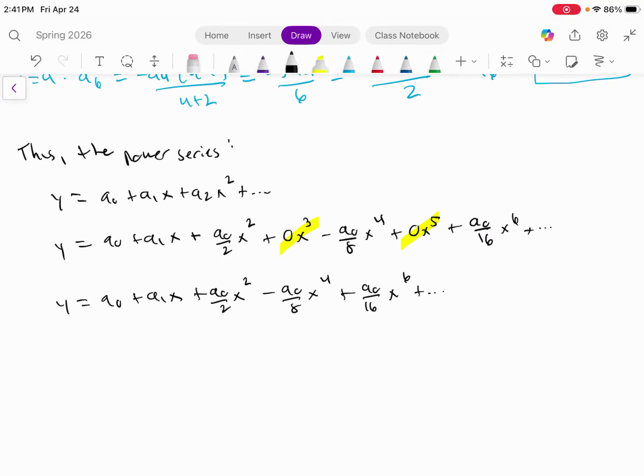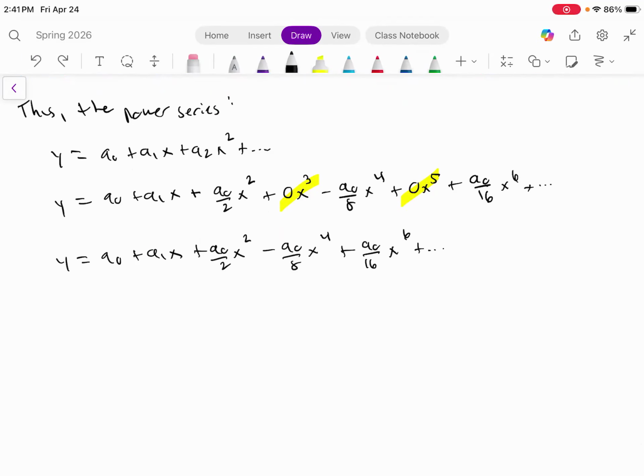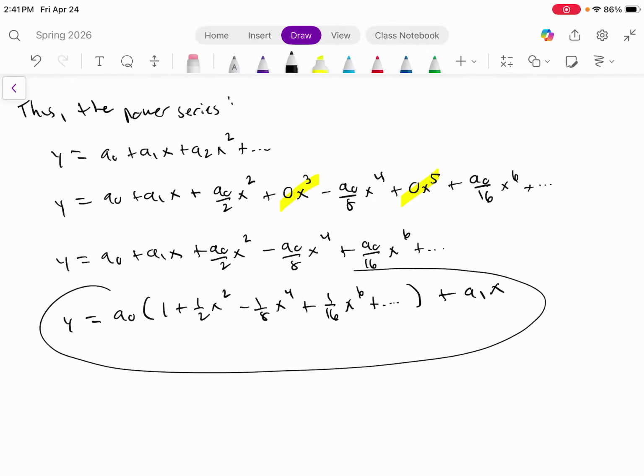Well, all of these are a naughts and I only have one a1. So if I group together the a naughts and I just have the a1, what this would look like is a naught times 1 plus 1/2 x squared minus 1/8 x to the fourth plus 1 over 16 x to the sixth plus dot dot dot, plus a1x. And that's essentially my answer. Because what is this?